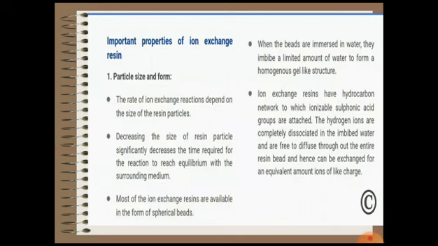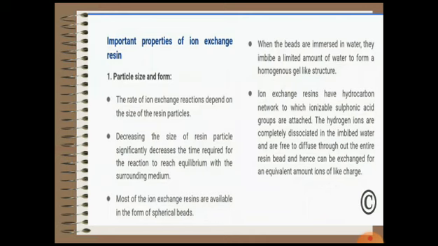In yesterday's class we studied its definition, types, and the mechanism of ion exchange resin. Mainly we have two types: cationic ion exchange resin and anionic ion exchange resin. That depends upon which functional group is attached. If a sulfonic group or carboxylic group is attached, it is called a cationic ion exchange resin.